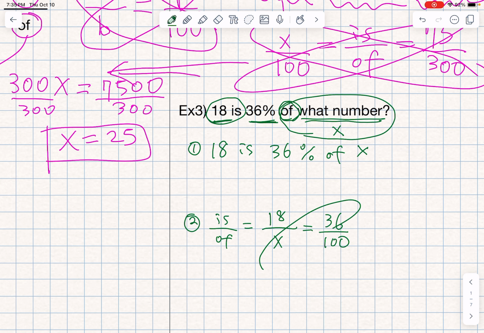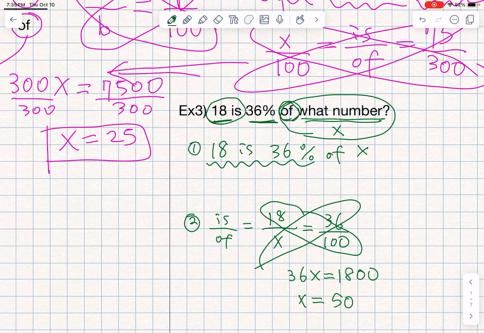So you do cross multiply, will be 36x equal to 1800. So what is 1800 divided by 36 will be? There will be 50. So the total number will be 50. If you use the percent equation method, I can do with 18 equal to 36% as a fraction, 36 over 100.